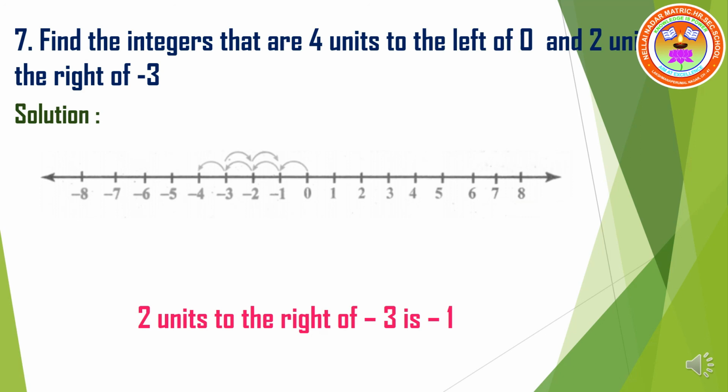Then we have to find for -3, which we have to move 2 units to the right. So we arrive at -1. Therefore 4 units to the left of 0 is -4. 2 units to the right of -3 is -1. Okay, children?